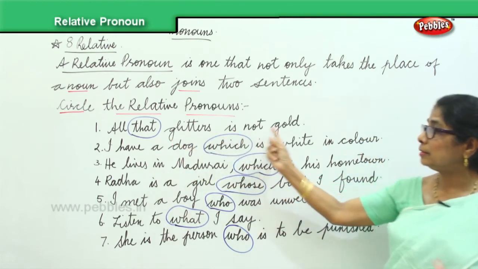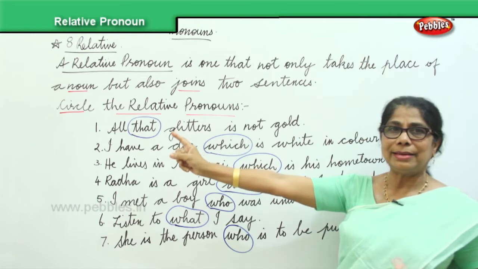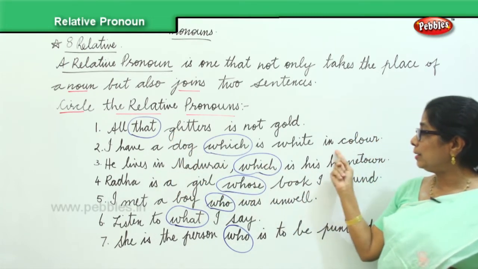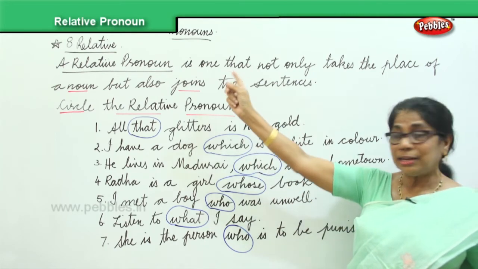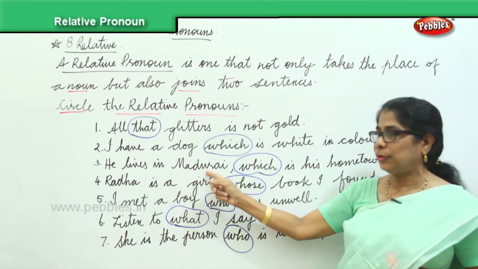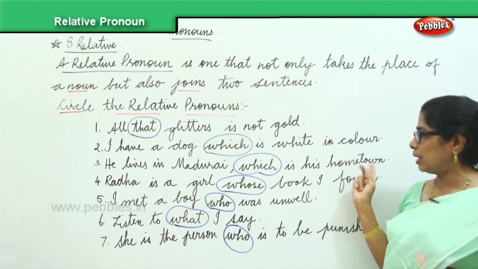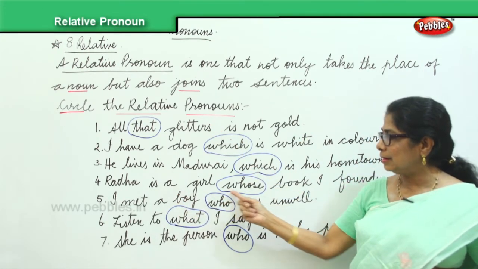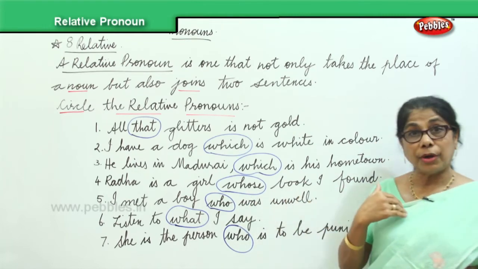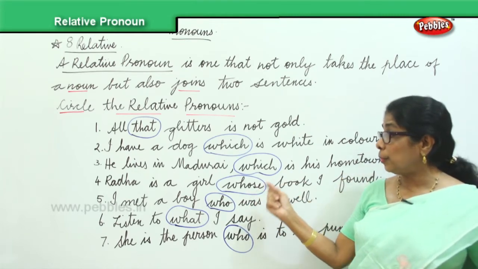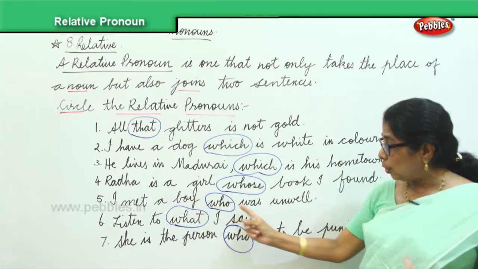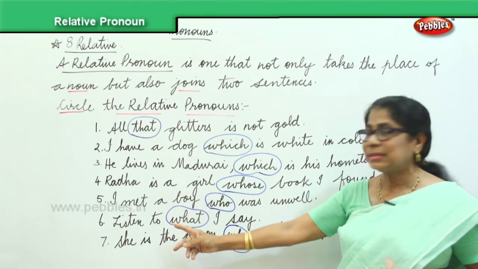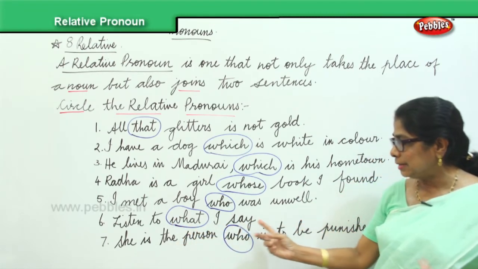All that glitters is not gold. That is the relative pronoun. I have a dog which is white in color. Which is the relative pronoun. He lives in Madurai, which is his hometown. Which is the relative pronoun. Radha is a girl whose book I found. Whose, relative pronoun. I met a boy who was unwell. Who, relative pronoun. Listen to what I say.